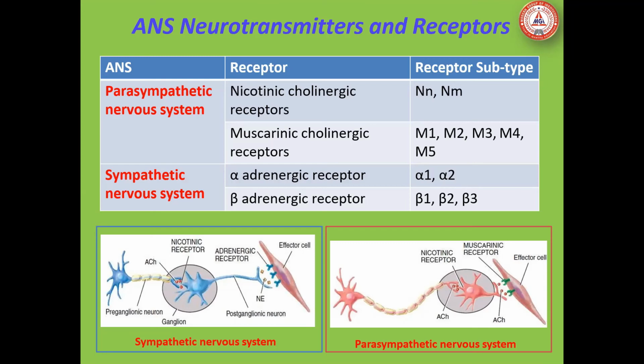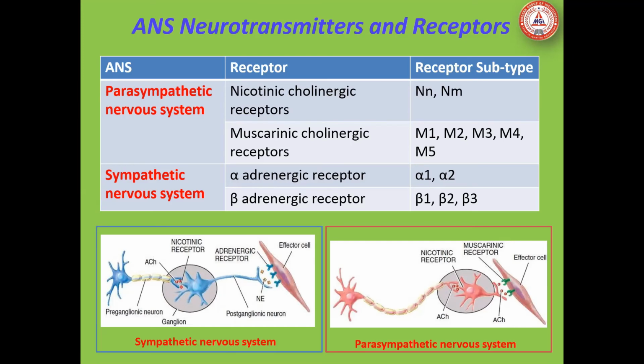Whereas in the sympathetic nervous system, there are two types of receptor, alpha adrenergic receptor and beta adrenergic receptor. Alpha adrenergic receptor is further classified into alpha 1 and alpha 2, and beta adrenergic receptor into beta 1, beta 2, and beta 3.